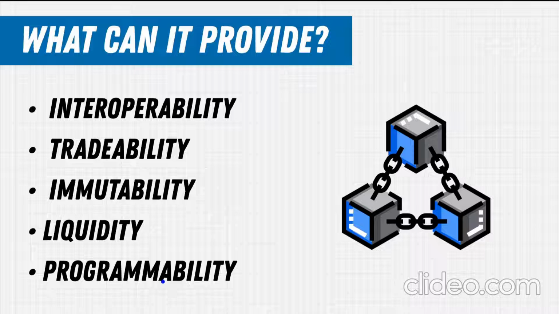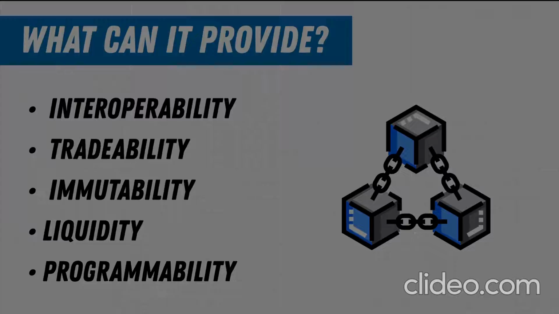If we want to have non-fungible tokens, if we want to have ownership of assets on the blockchain, we need interoperability, tradability, immutability, liquidity, and programmability. Let's zoom in on those.